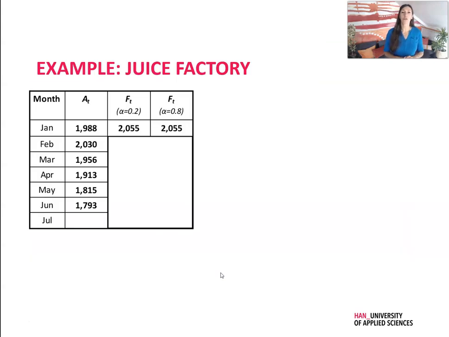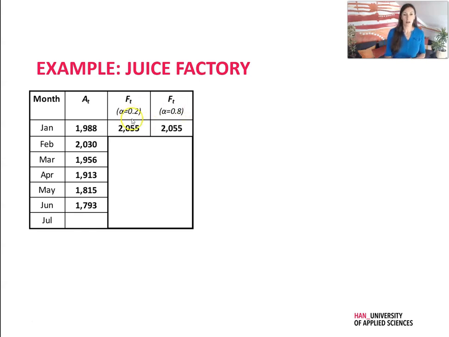Now let's look at an example. Let's put things in practice so the theory becomes a bit more clear. We're going back to our juice factory. Here are the same sales that we had before. You can see the downward trend from February to June, so nothing different there. What we also know is that we forecasted January to be 2,055 units.